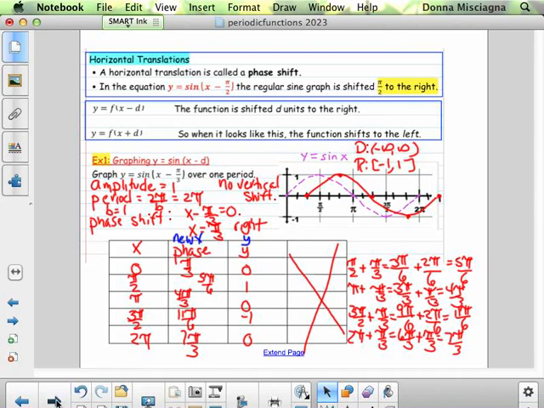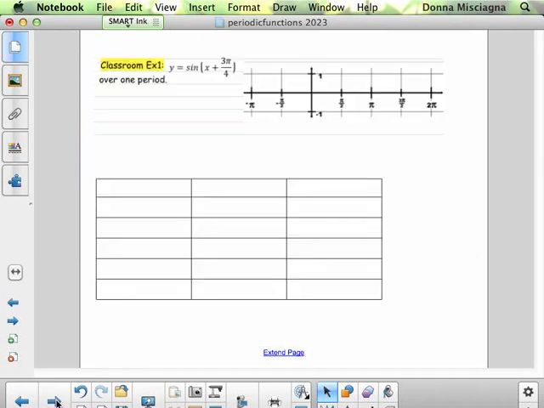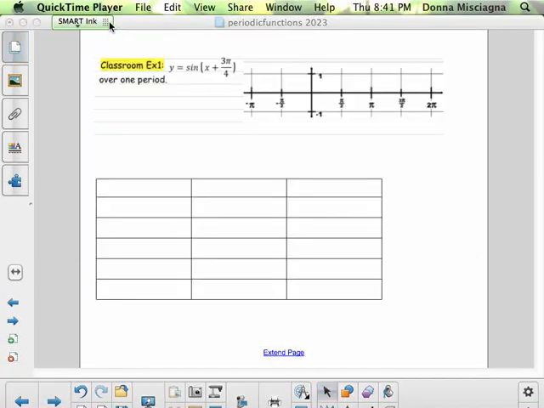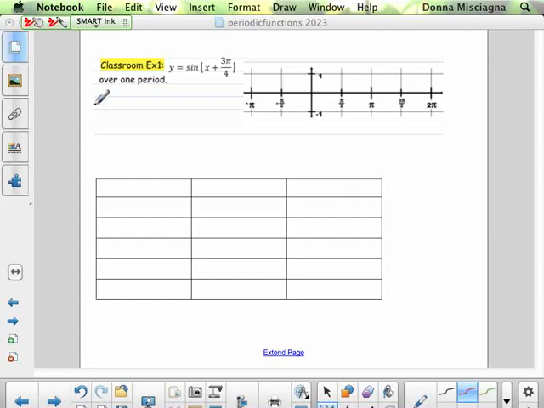I'm going to do all of the ones that just have a phase shift, no vertical shift in this one. Here's our next one. We have y equals sine x plus 3 pi fourths. I think all of these ones are in notes. The amplitude is 1.